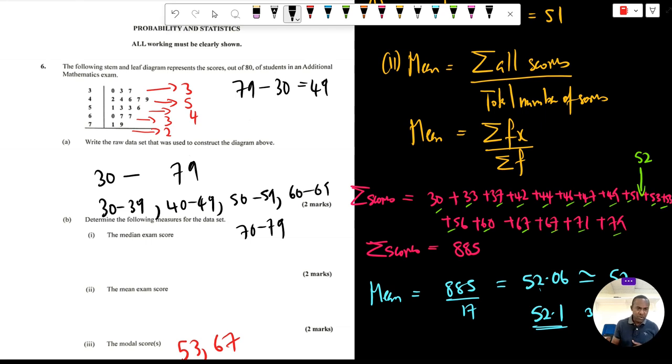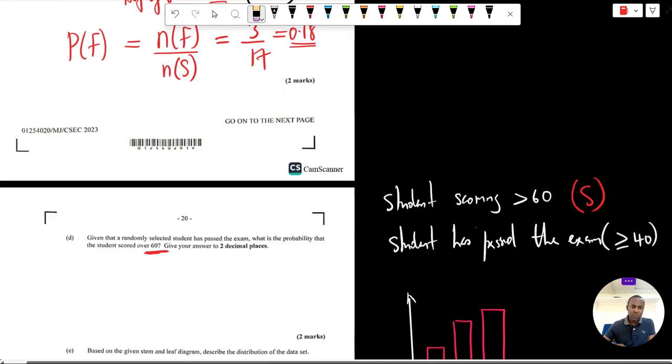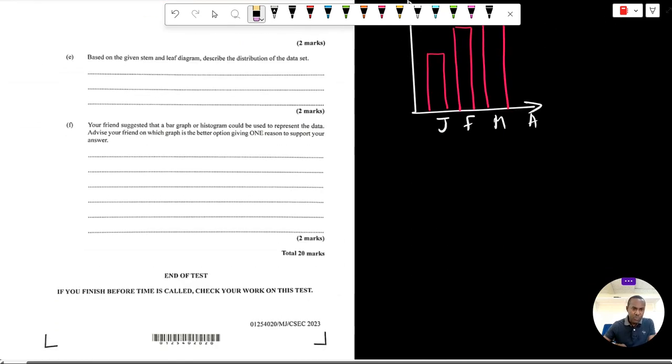And we could plot our histogram with the number of persons obtaining these scores on the vertical axis, and the respective intervals on the horizontal axis. So once again, given that we're dealing with strictly numerical or quantitative data, the histogram will be more suitable for representing this data as opposed to a bar graph.